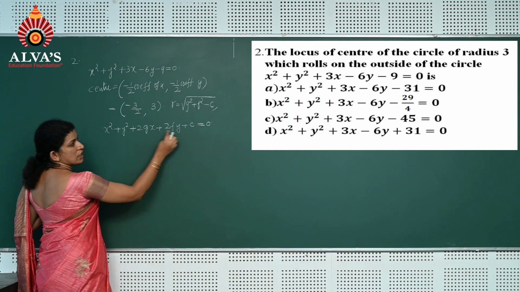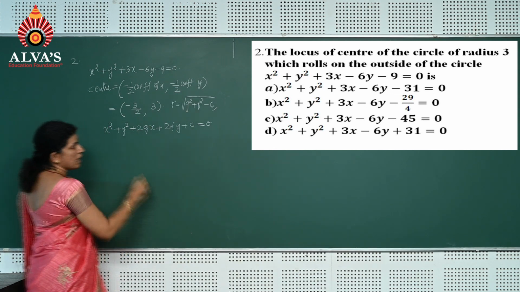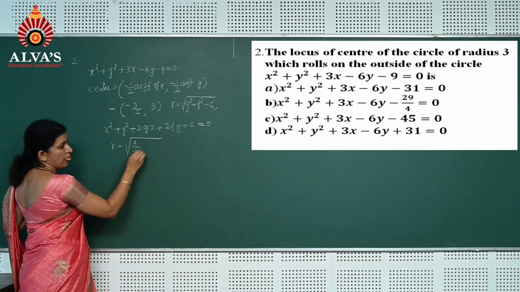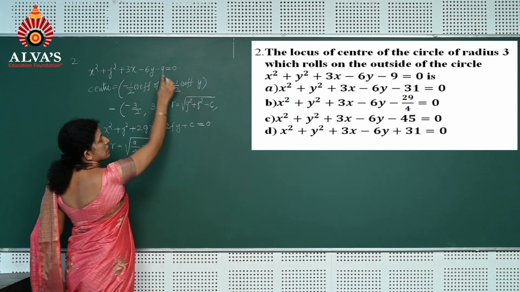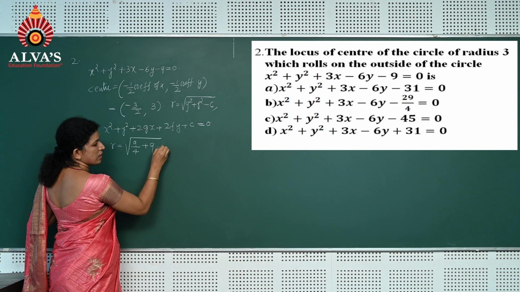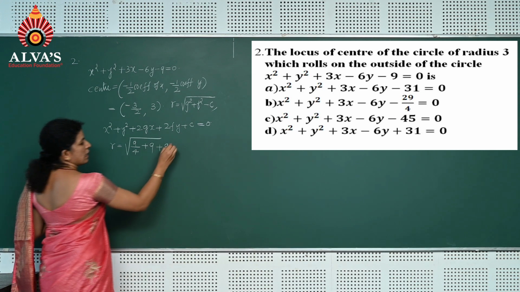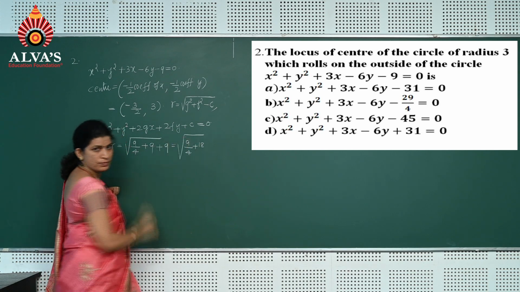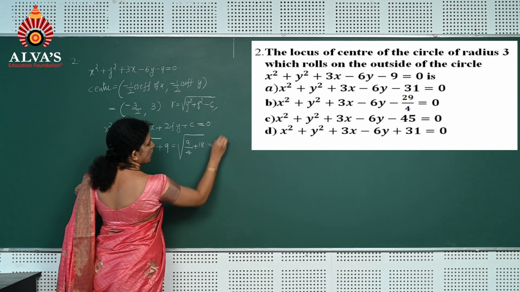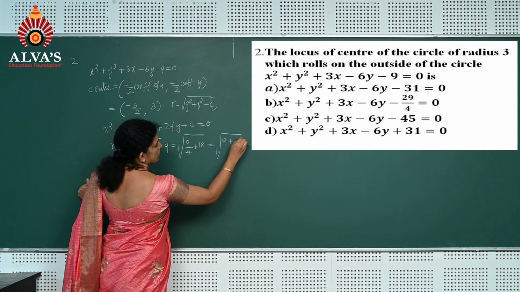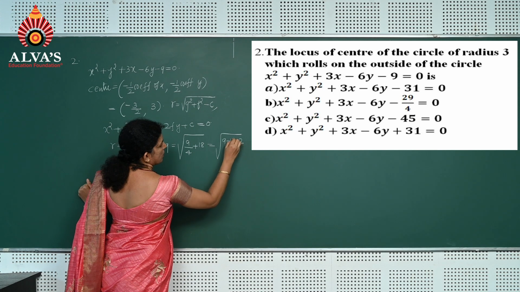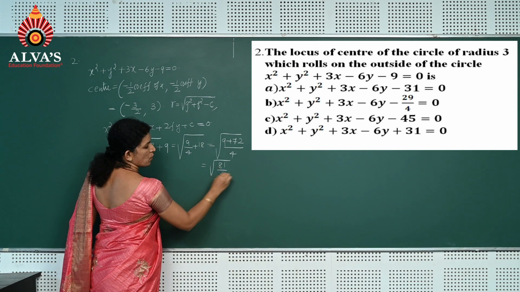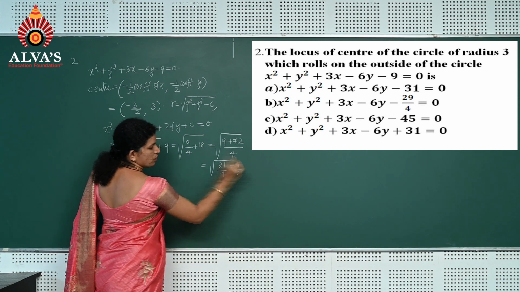So comparing g, f and c with the given equation, the radius is nothing but square root of 9 by 4 plus 9. c is nothing but minus 9 here, so minus minus is plus, it is plus 9, that is equal to square root of 9 by 4 plus 18, that is equal to square root of (9 plus 72) by 4, that is equal to square root of 81 by 4, that is equal to 9 by 2.